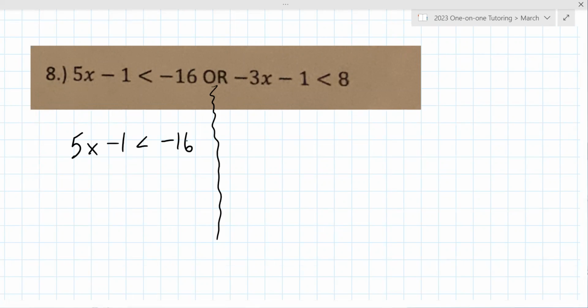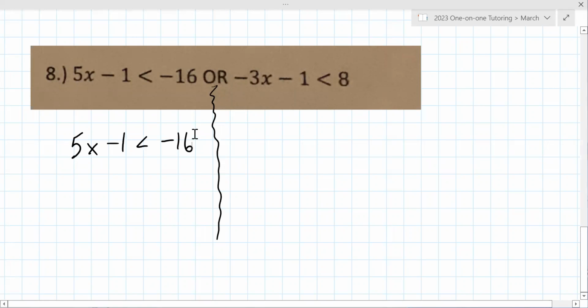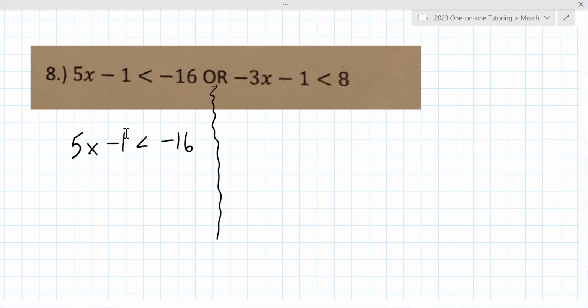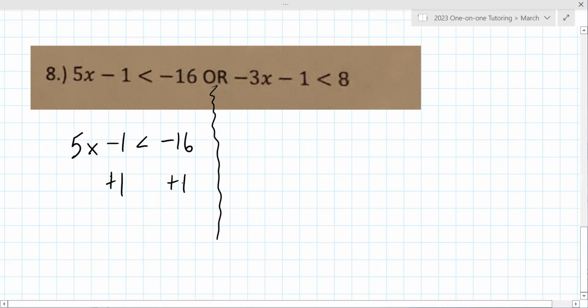Okay. Why don't you tell me the steps here? So first you add 1. That's right. You get 5x less than -15.